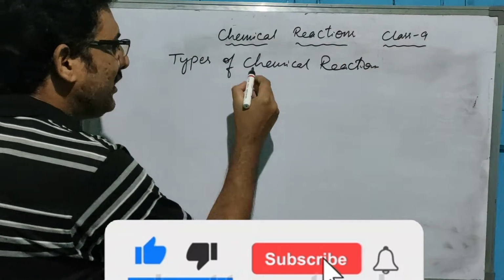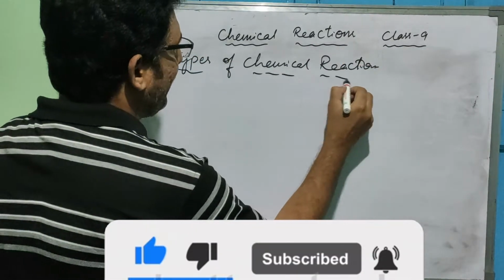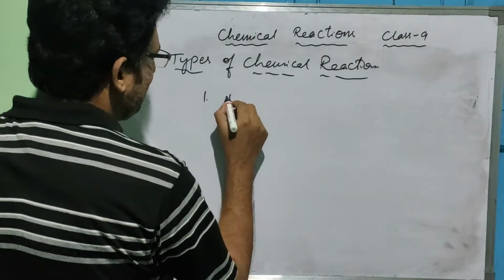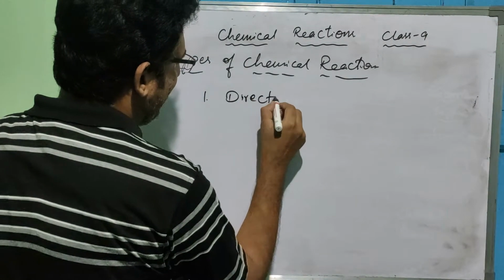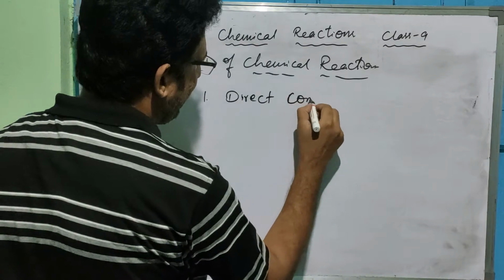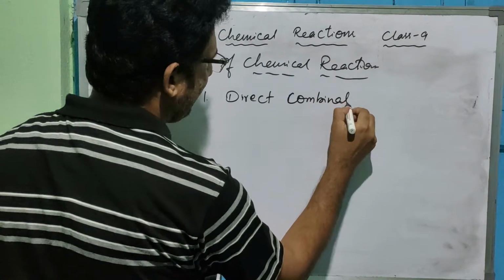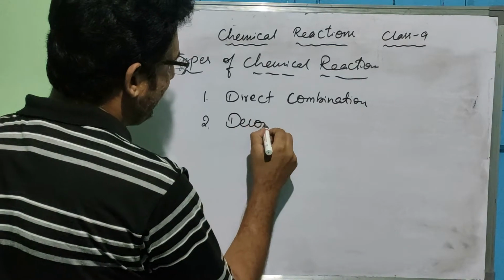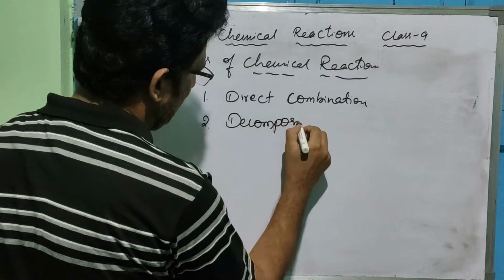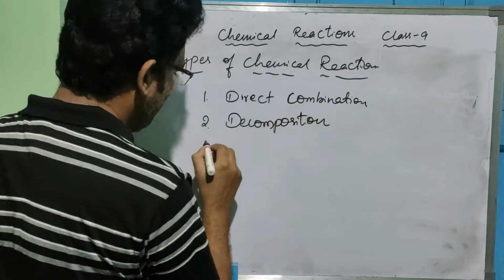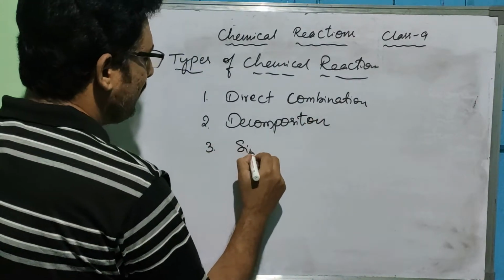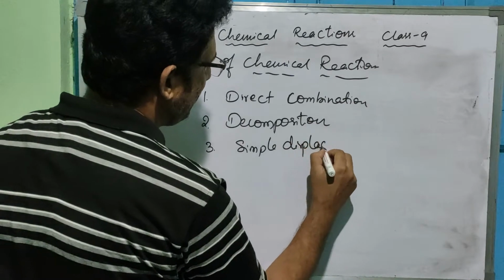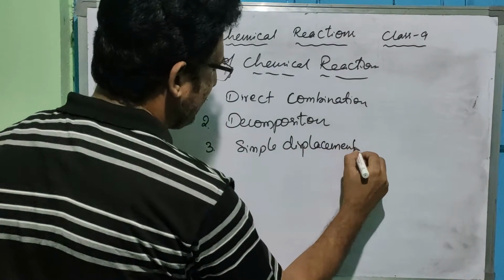So the chemical reactions are mainly classified into four types. One is direct combination reactions. Second one is decomposition reactions. Third one is simple displacement reaction.